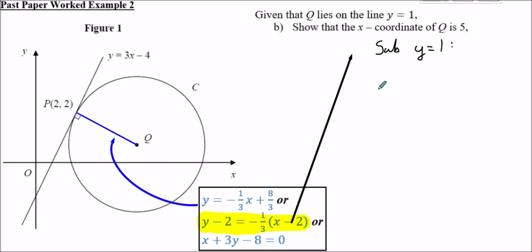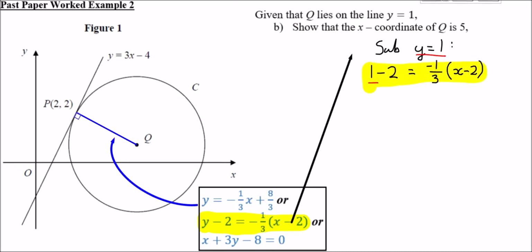So this becomes 1 minus 2 equals minus a third, brackets, x minus 2. All we've done here is just subbed in that y is equal to 1 into this formula here, which I've highlighted in yellow.